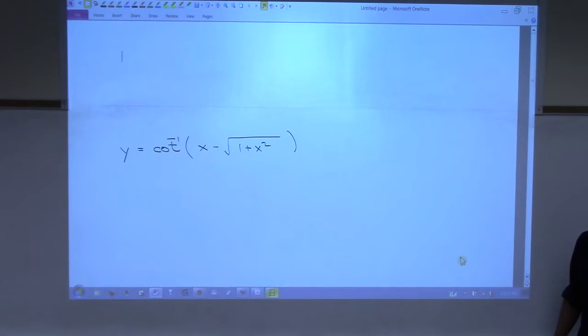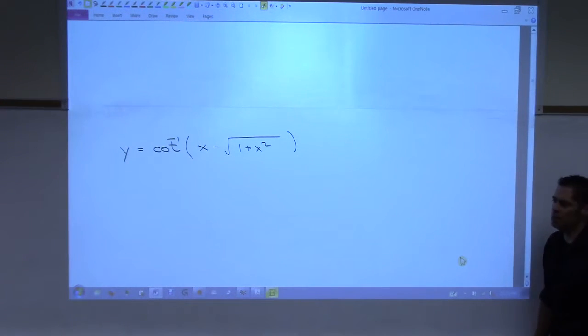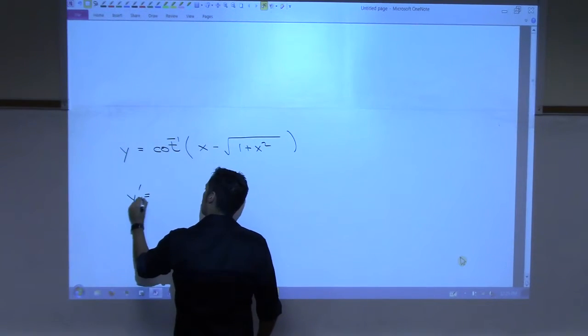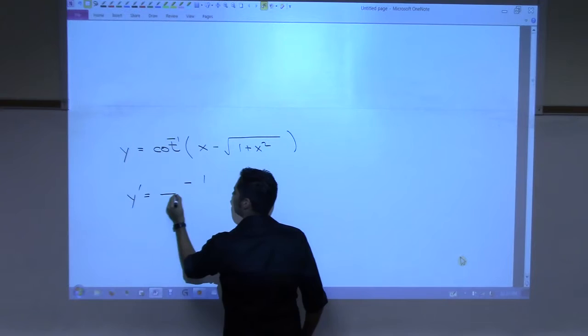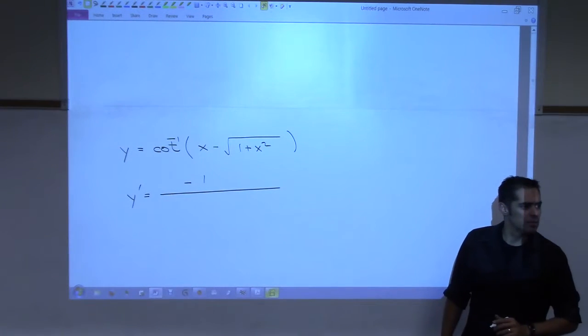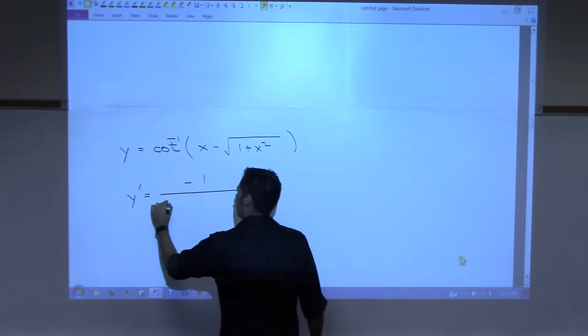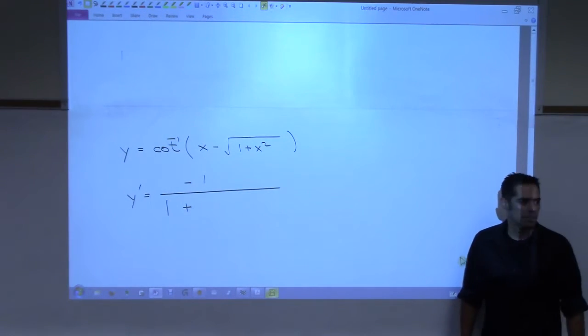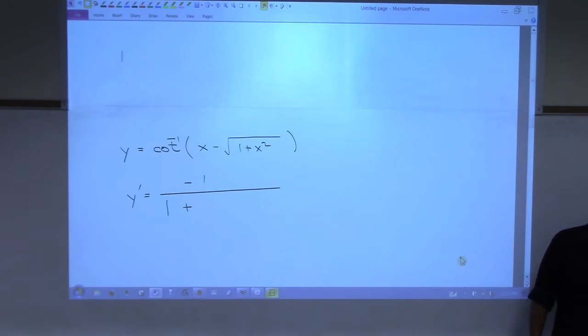Chain rule. Okay, what is the derivative of the inverse cotangent? Negative 1 over 1 plus the argument squared, right?